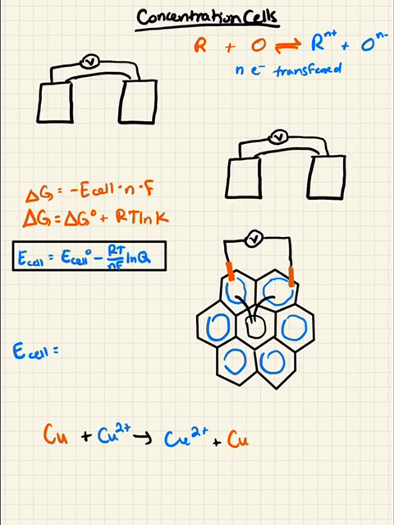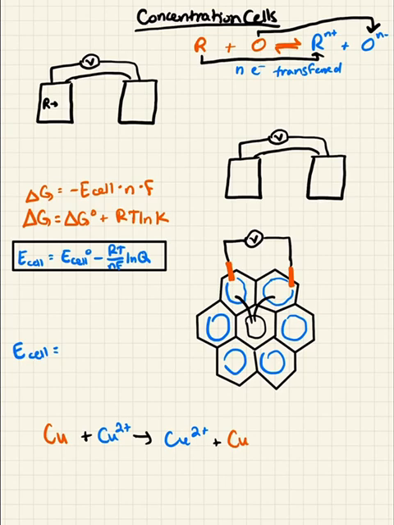So if we were to look at the setup of a galvanic cell, essentially what we're doing is taking the redox reaction and separating out the two half reactions. So we have the half reaction of R becoming R^n+, and we have the half reaction of O becoming O^n-. So we usually will draw the reducing agent on the left side.